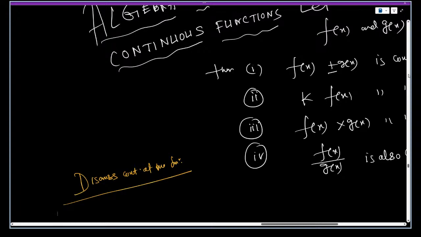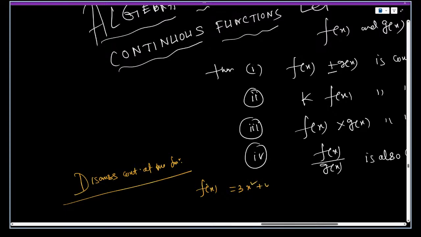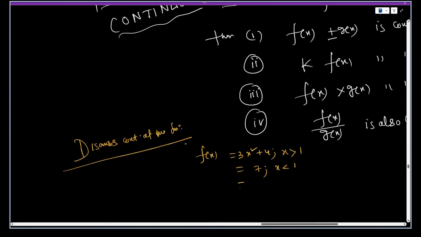It means over the whole number line, that f(x) equal to 3x square plus 4 for x greater than 1, 7 for x equal to 1, and 9x minus 2 for x less than 1.